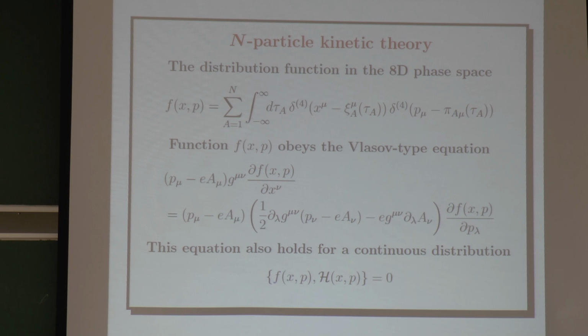Now, if I substitute this formula into my equation for f, there will be a derivative of the delta function here, but it will be multiplied by the left-hand side of this equation acting on h, and this is 0 because h is a solution of this equation.